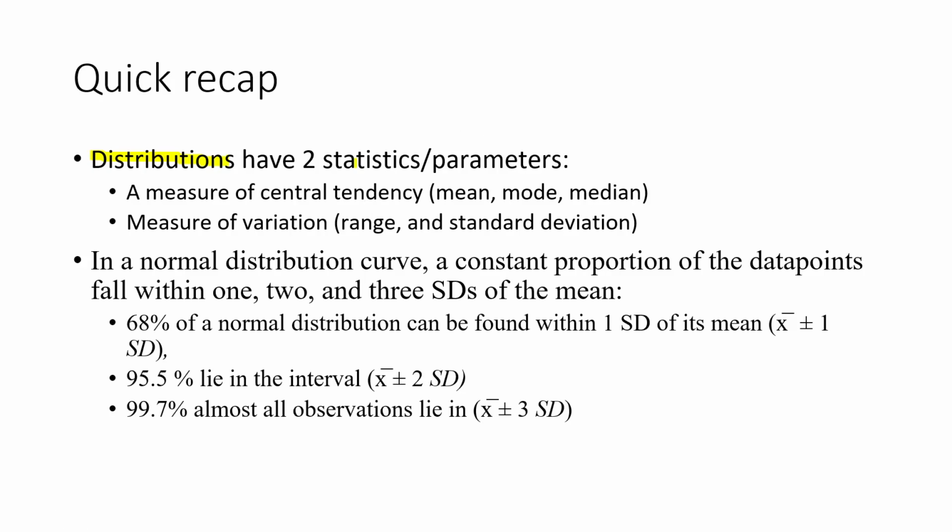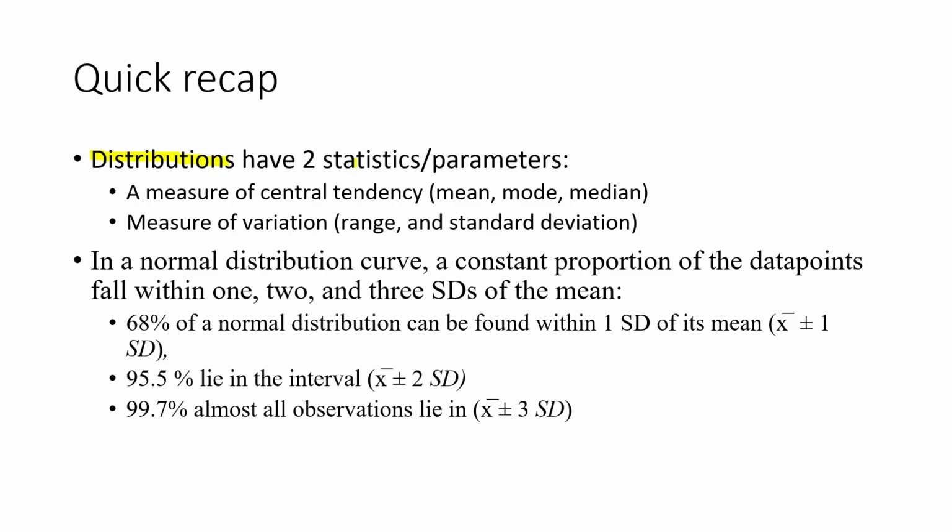Okay, so this is where we're going to add on, and we're going to bring back the normal distribution. So in a normal distribution, okay, you'll have a constant amount of data points within one standard deviation, you'll also have a constant amount of data points within two standard deviations, and a constant amount of data points within three standard deviations.